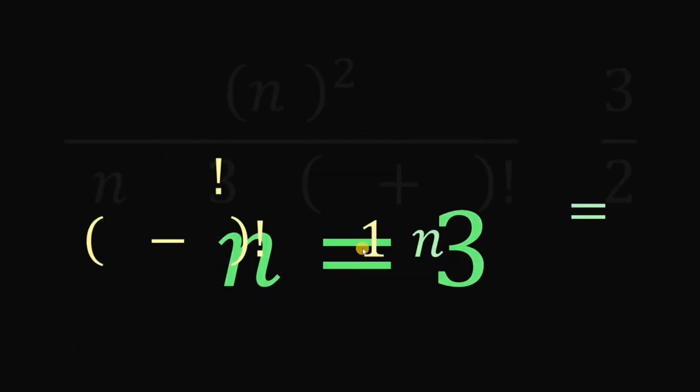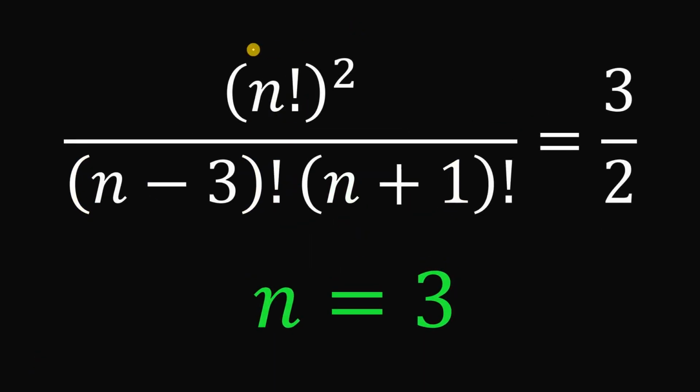Now, let's check if our answer is correct. Of course. Now, we have 3 factorial raised to the power of 2. Now, 3 factorial, we know, is 6. 6 raised to the power of 2, so the numerator is just 36. Now, how about the denominator? If we have n minus 3, so 3 minus 3 is 0. So 0 factorial is just 1, so we can eliminate this.